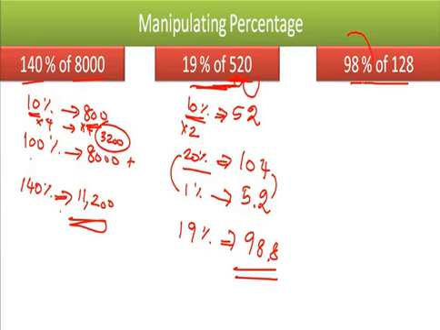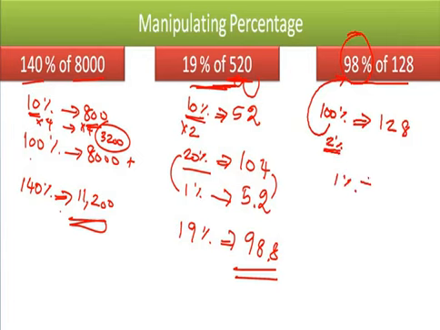Now let's find out 98% of 128. And since this is very close to 100, so first 100% of 128 is 128. Now to get 98 percentage from here, we should remove 2 percentage, right? So what is 1 percentage of 128? Shift the decimal point 2 places to the left, which is 1.28. So what is 2 percentage?